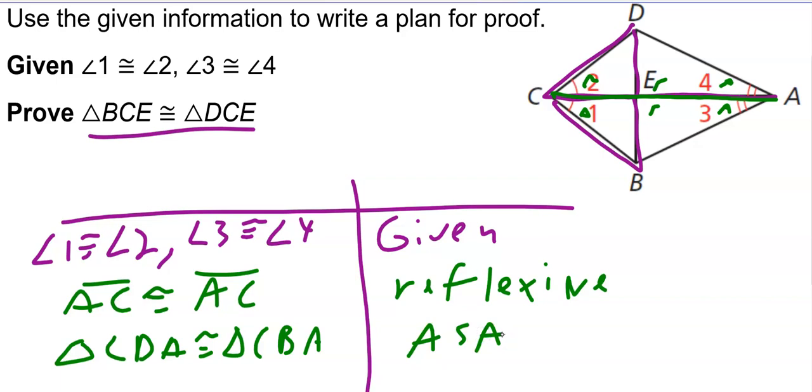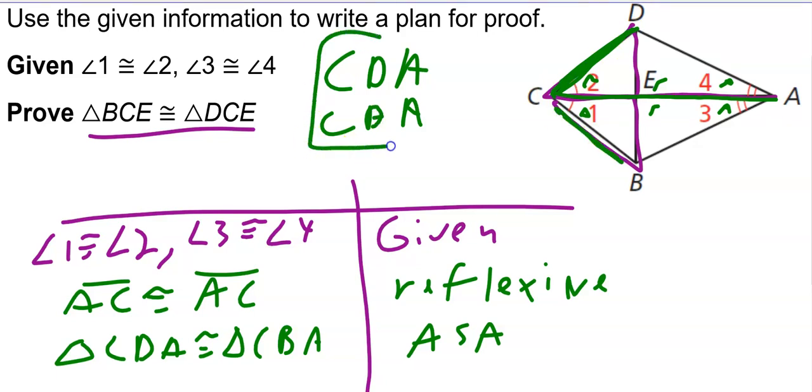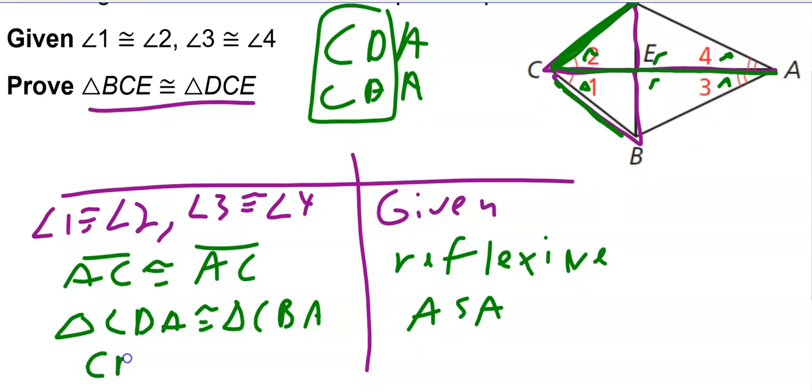Now, once we know that those two triangles are congruent, and we do our little trick, CDA and CBA, look what we can say. Right here, CD is the same as CB, right? So we can say that now. We didn't know it before, but we can say that CD is congruent to CB by CPCTC.